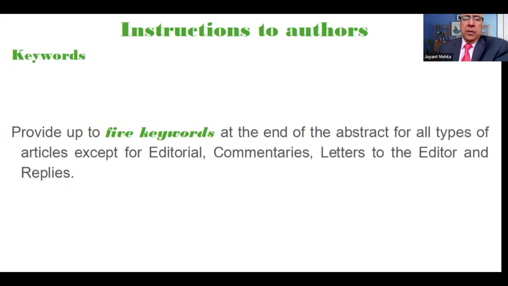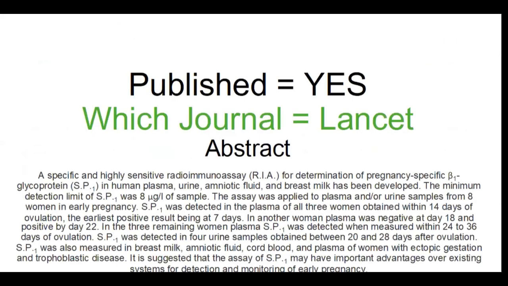Yes. Fine. Was the article published? Yes. Which journal? The Lancet. The most important one. That's not the most important one. The most important one is Fertility Science and Research. Exactly. This is an old-fashioned one called Lancet.